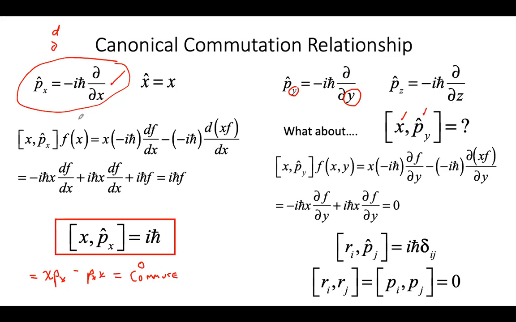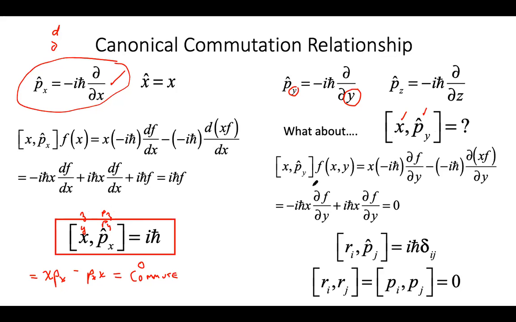And I hope you realize that I could have taken this to y and p_y, and that would have been i h bar as well. And if I'd had z and then p_z, it still would have been i h bar. But what about when I have two different directions for the operator as compared to the momentum?